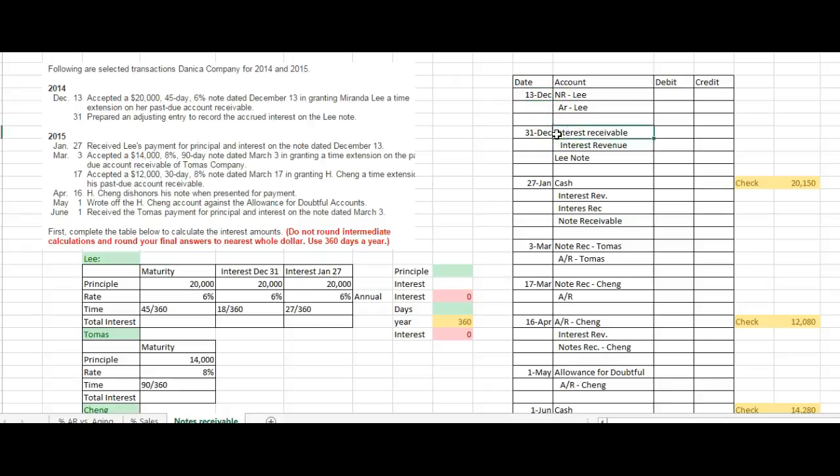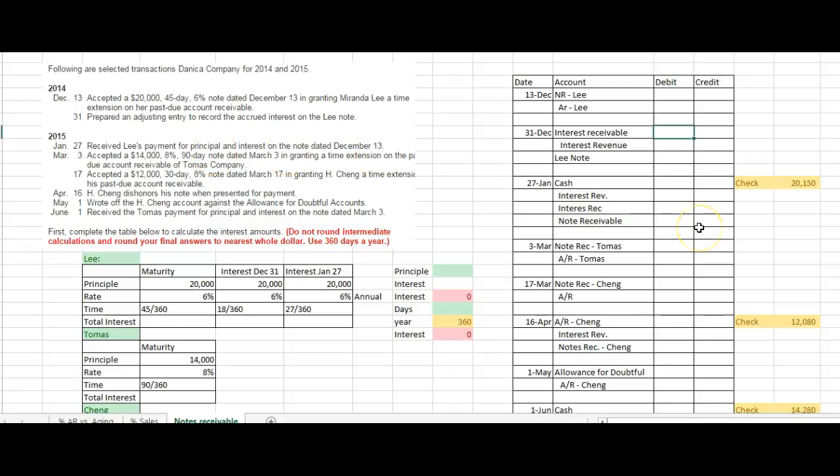I need to recognize the interest earned, or interest revenue, that is coming from that note, whether it's been paid or not. And that's what this calculation right here is going to be. Whatever this number is going to be a revenue, and it's going to be an interest receivable because I haven't received it yet. On the 27th then, I receive the payment for the principal and the interest.